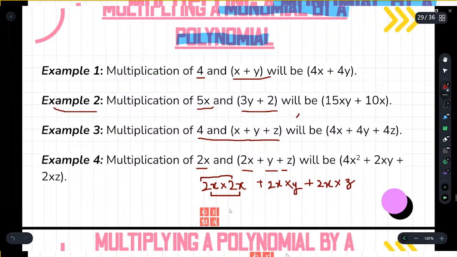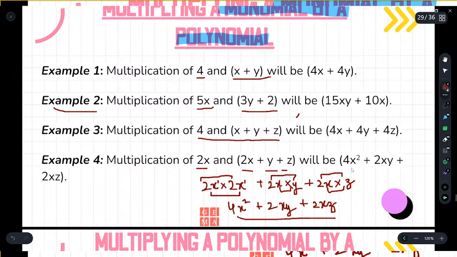Multiplying the coefficients, we get 4, and adding the individual powers of the like variables will give us x square. Now multiplying the coefficients again, 2 into 1 is 2 and x into y is xy. For the third one, multiplying the coefficients again, 2 into 1 is 2 and x into z is xz. This is our answer, as we can see here. So this one is clear, right?